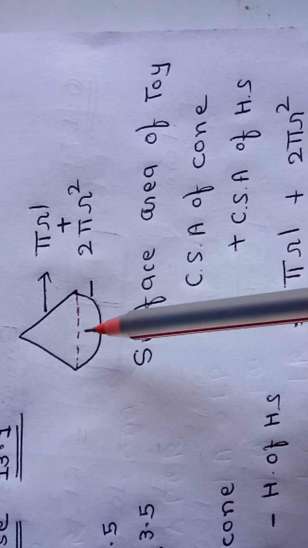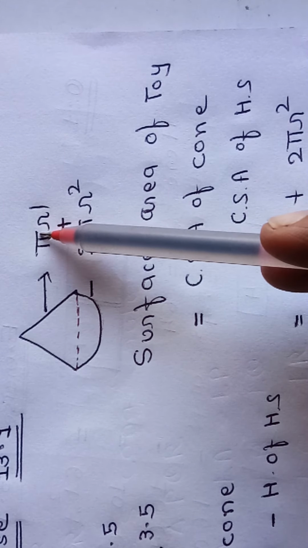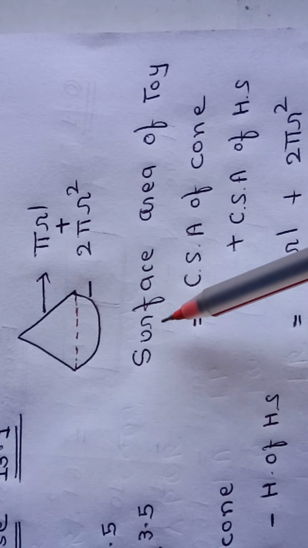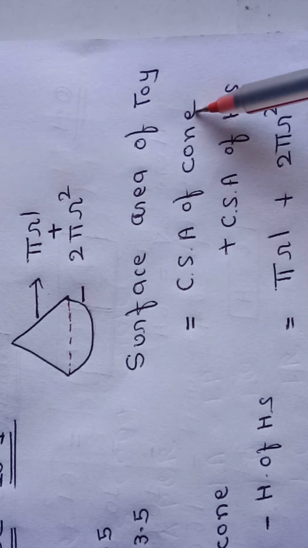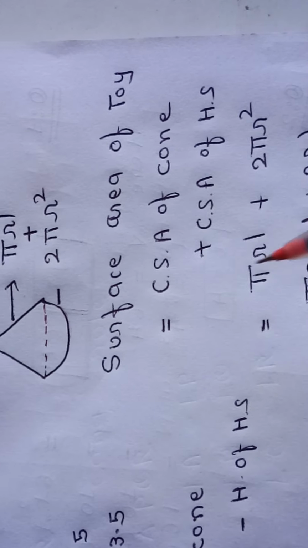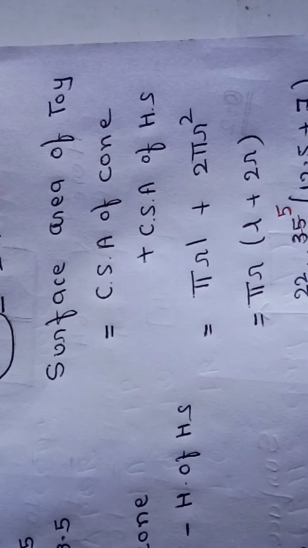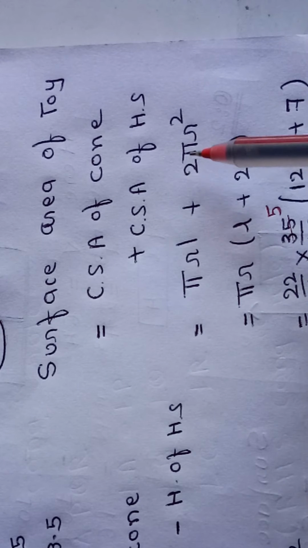As we know, we want to find the TSA of this toy. It contains the curved surface area of the cone plus the curved surface area of the hemisphere. So the surface area of the toy is equal to CSA of cone plus CSA of hemisphere. That means pi r l plus 2 pi r square. You can solve both separately and then add, or you can take out common.